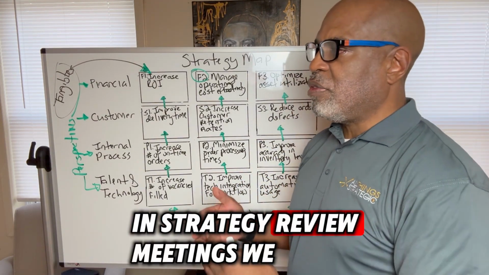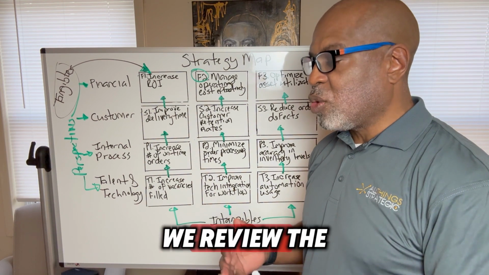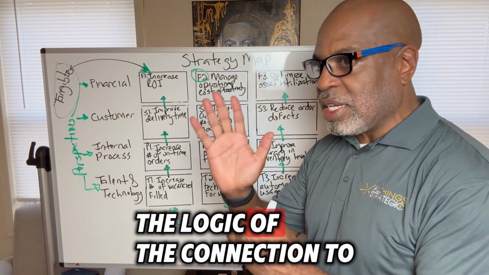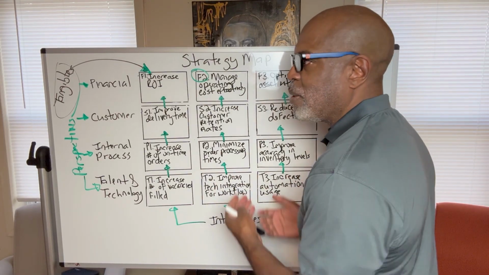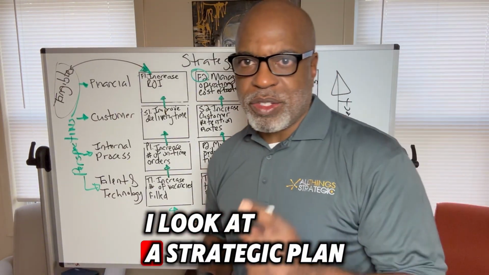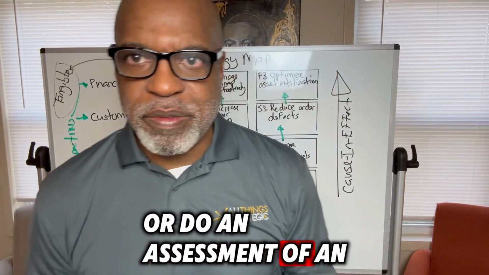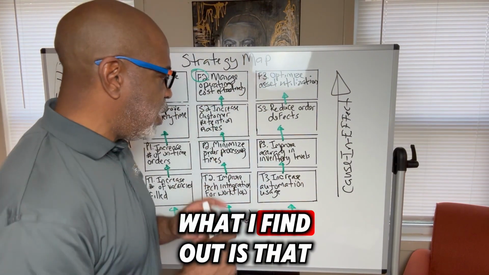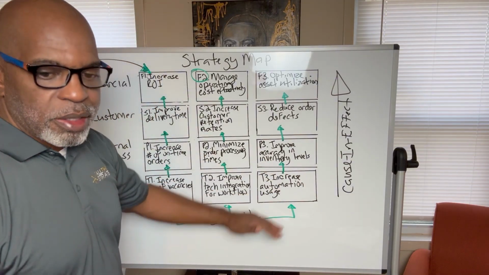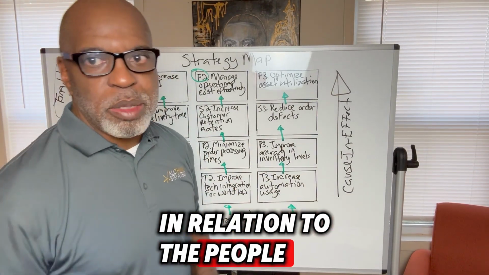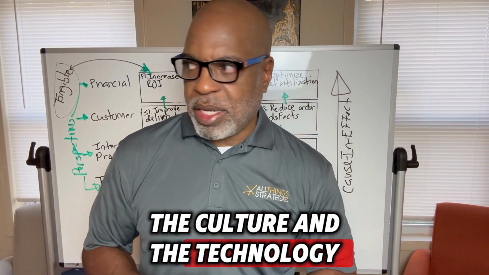A strategy review means we review the logic of the connection to ensure that it's giving us what we need, right? Most of the time when I look at a strategic plan or do an assessment of an organization, what I find is that most strategic plans don't have anything in relation to the people, the culture, and the technology.